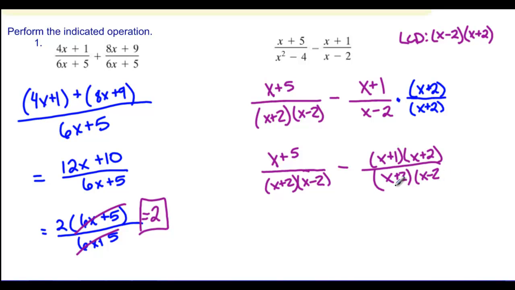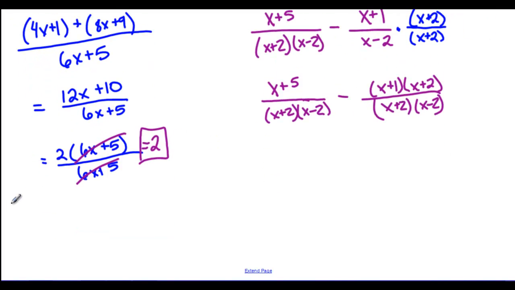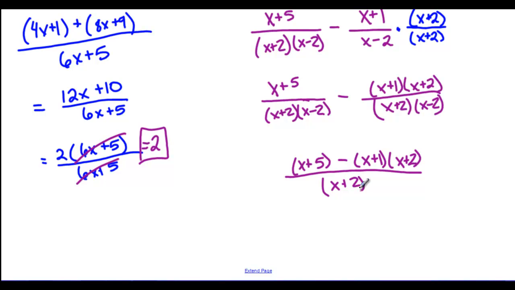So again, matching denominators. And then we can go ahead and combine this to be x plus 5 minus x plus 1 times x plus 2 all over x plus 2 times x minus 2.